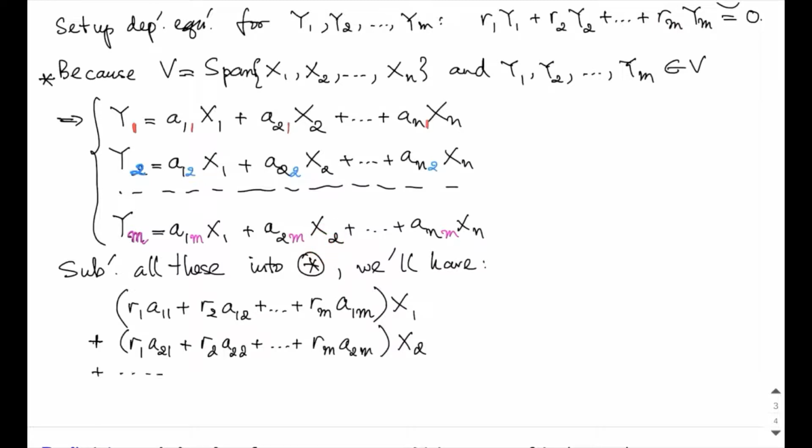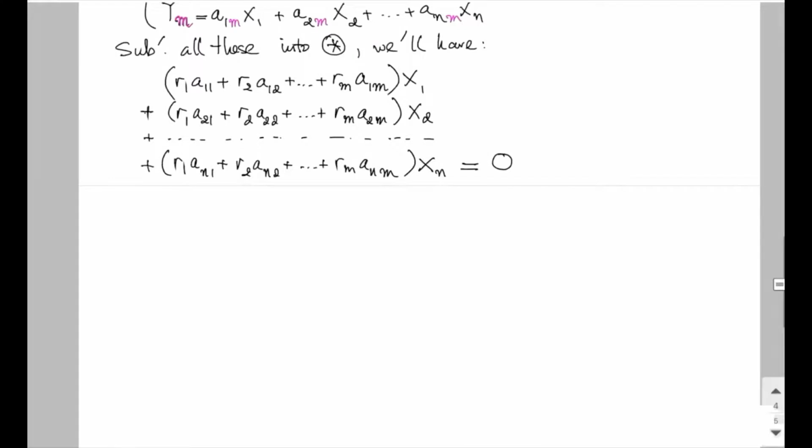And then you keep doing so until you have xn. R1 will be multiplied with an1 xn, right? Then you will have R2 multiplied with an2 xn. And then you will have Rm multiplied with anm xn. And then you are going to have the equal to 0 here on the right hand side.